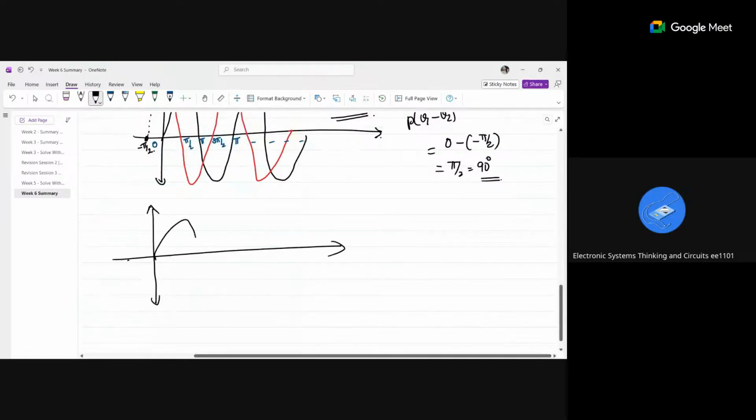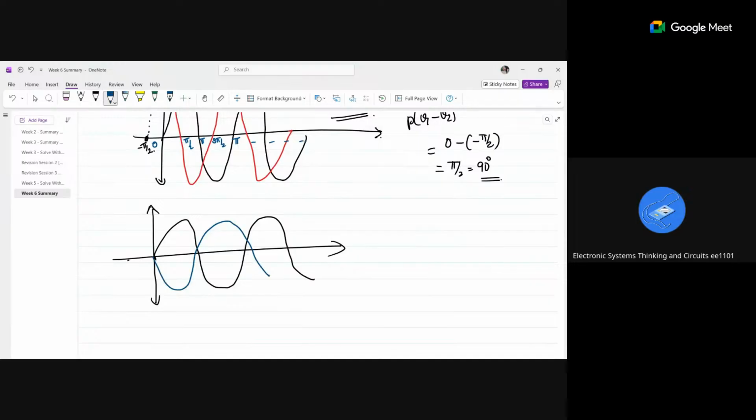If I give it for the same inverting amplifier, now you are able to understand, right? Here is a phase difference of 180 degree. So if I extend it, it will reach 0 at -pi. My V1 signal is starting at 0.